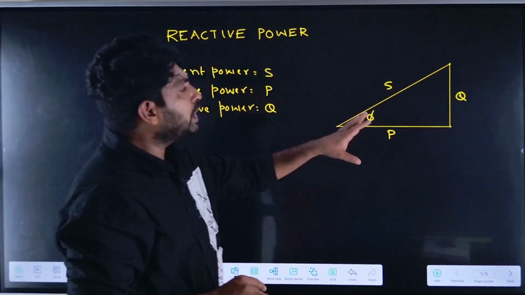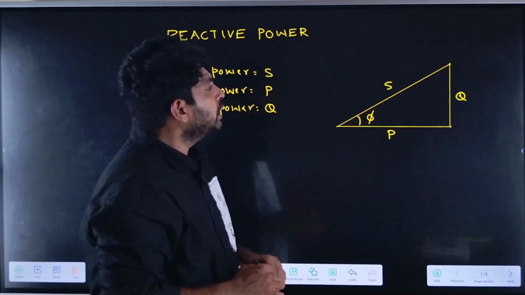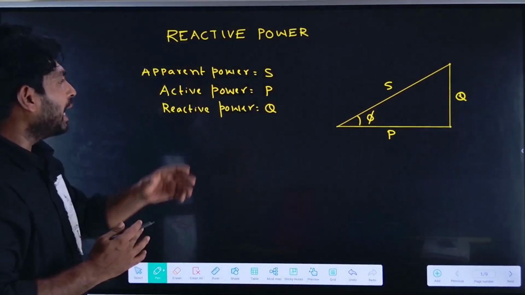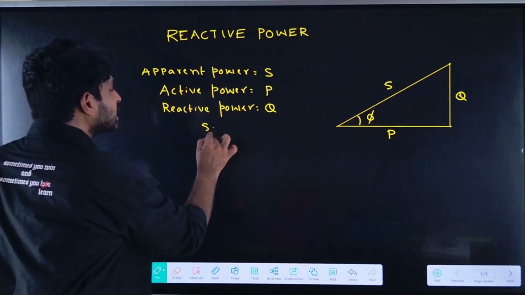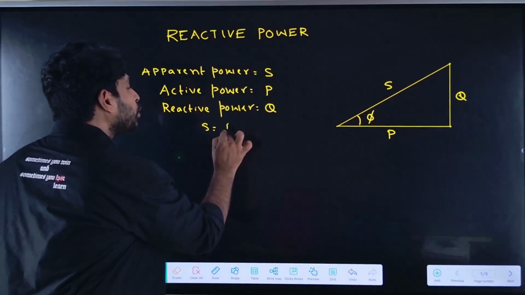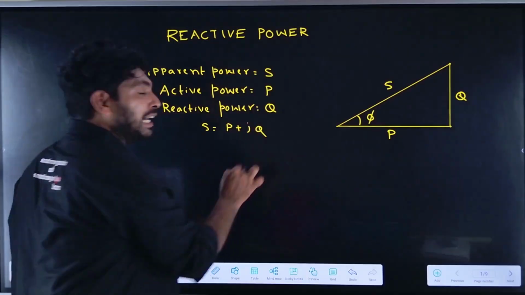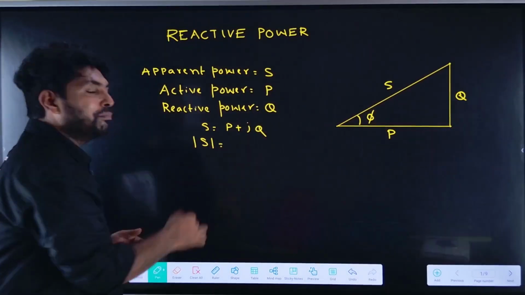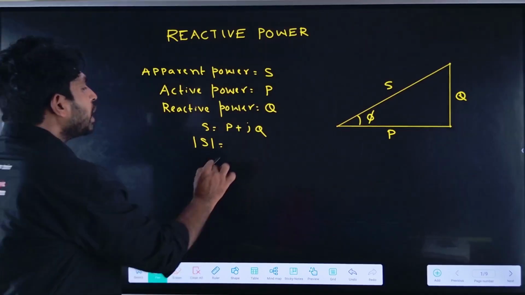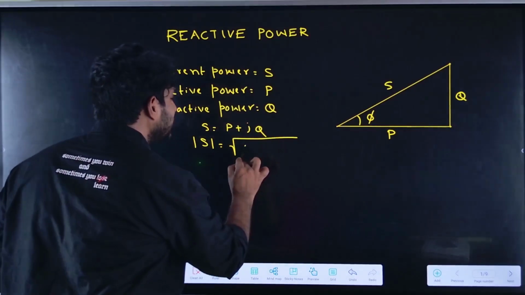Now in this power triangle, we can derive the apparent power. In complex notation, S equals P plus jQ. If I want to find the magnitude of the apparent power, I can find it from the root of P square plus Q square.